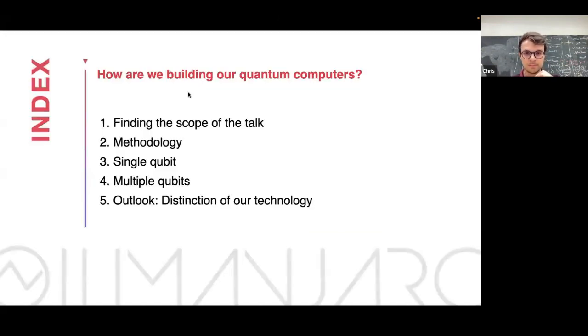So the structure is: first, it is a huge question how we build a quantum computer, so first we need to define a tackable challenge we can do in 30 minutes. Then I introduce the methodology, and then I can talk about single qubits, about multiple qubits, and a little bit about what we want to do differently as a company.